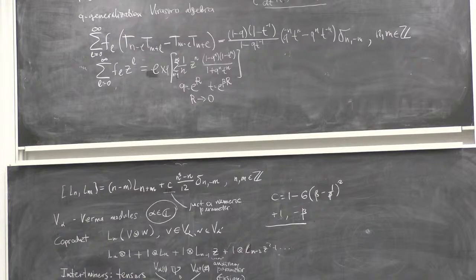But may I ask in the following way? You can try to construct the deformation of the Virasoro algebra just by writing Virasoro generators as polynomial vector fields. Yes. And replace the operators z and d over z, which have the Heisenberg commutation relation, by q-commutators.